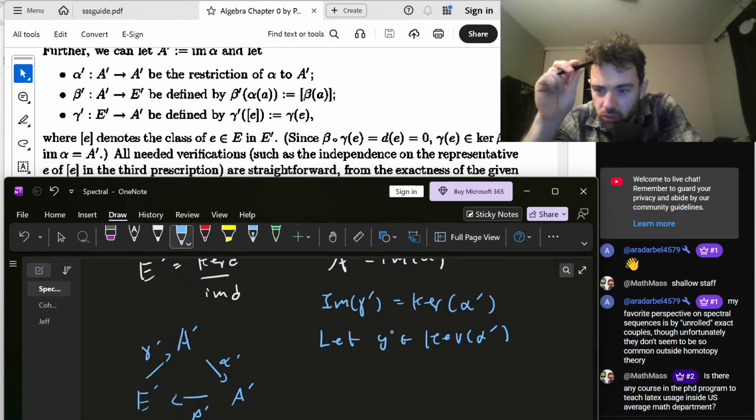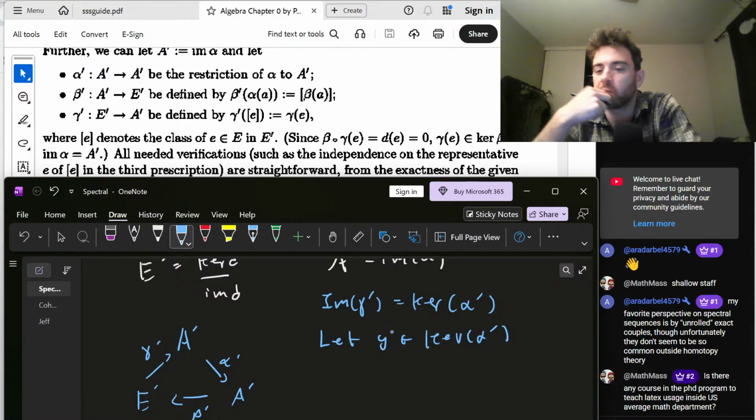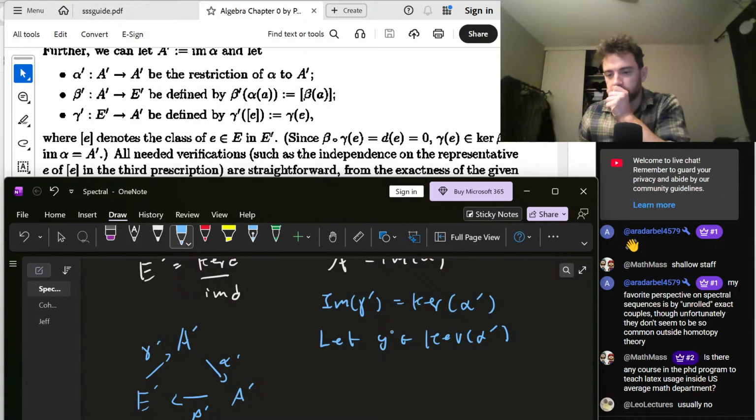Is there any course in the PhD program to teach LaTeX usage inside the average US math department? No. There really isn't any need. I don't know what you would do a whole course on. Sometimes people might run a tutorial or a workshop or something, but there definitely isn't enough content to fill a whole course.